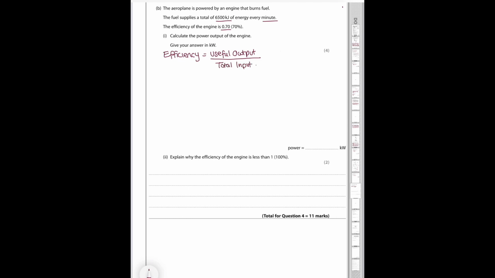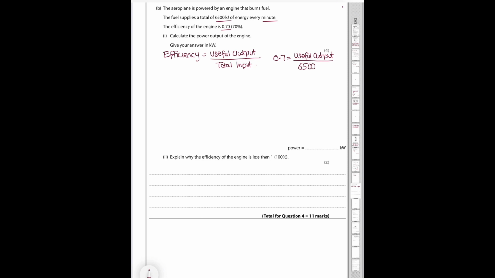So if we substitute our numbers in, we will see that efficiency 0.7 equals our useful output divided by the total input, which was 6,500 kilojoules of energy.